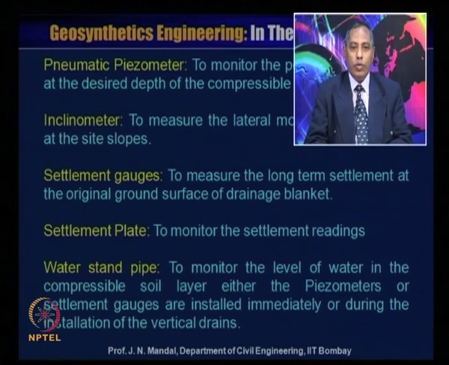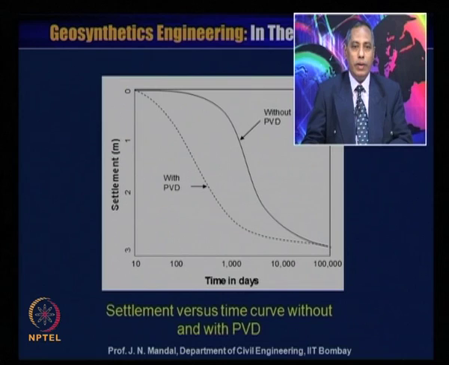The settlement plate monitors the settlement reading. The water stand pipe monitors the level of water in the compressible soil layer. Either the piezometer or settlement gauge are installed immediately or during the installation of the vertical drain.